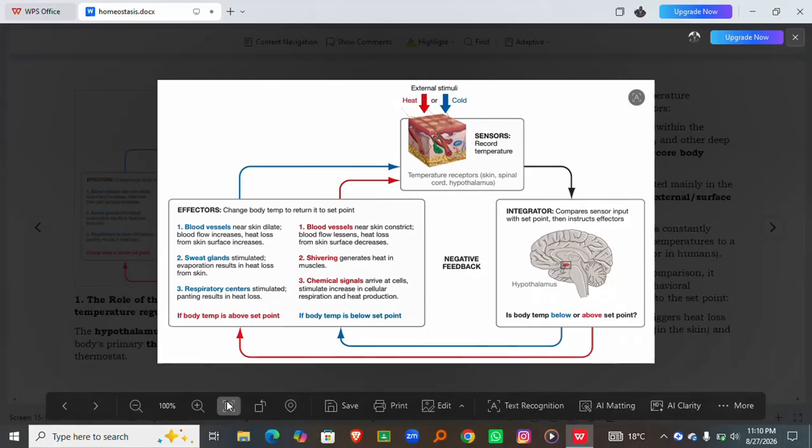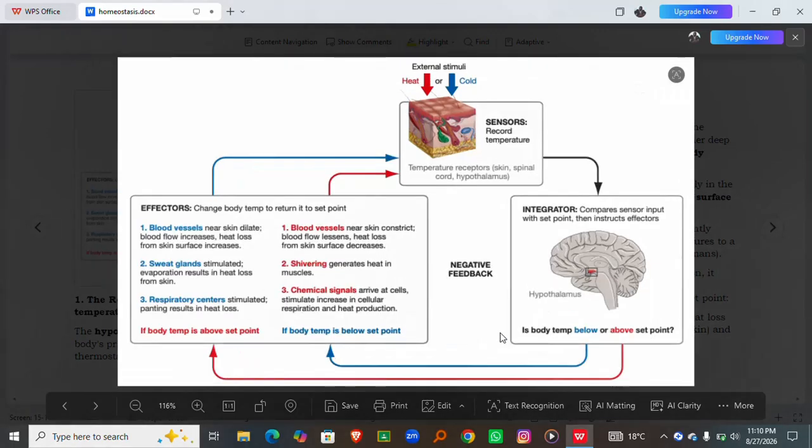The hypothalamus detects this temperature, and then it's going to order the body to show the responses that we have seen physiologically. So it tells, is that body temperature below or above the normal set point? If it is above the normal set point, we are following the red arrow.